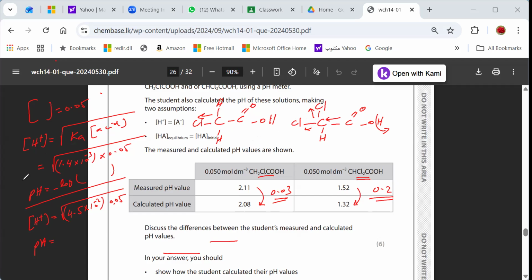Miss, can I say that for the one chloro, it's gonna cause less dissociation of the acid? Yes, you must say that the chlorine is an electronegative atom. It withdraws the electrons away from the hydrogen, together with the oxygens as well. The more the chlorine atoms, the more the withdrawal, and this will make it easy for the hydrogen ion to go outside as a proton. Okay, Miss, thank you.